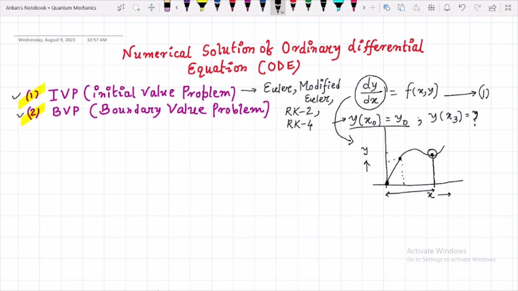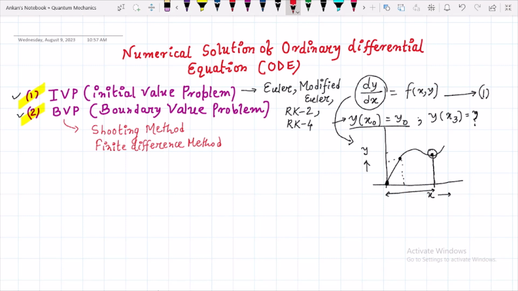Obviously it is first order first degree for initial value problem, and for the boundary value problem you can apply the shooting method, which is very famous for its applicability, and the finite difference method, etc. These are various methods present to solve the ordinary differential equation.